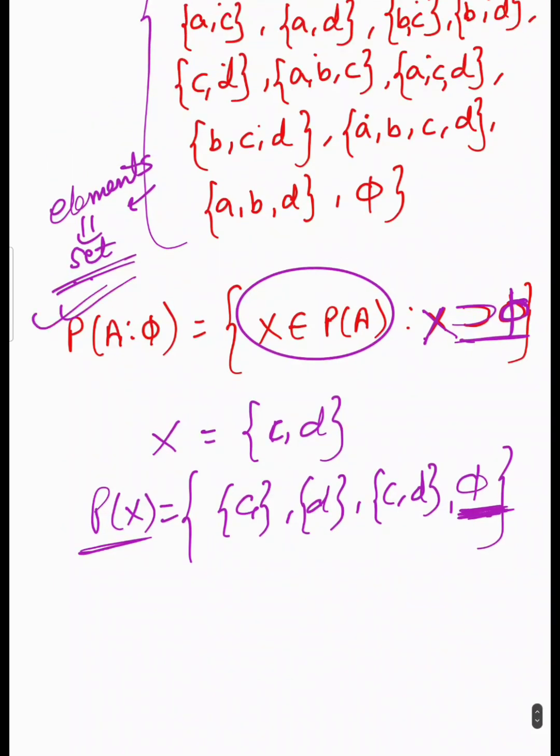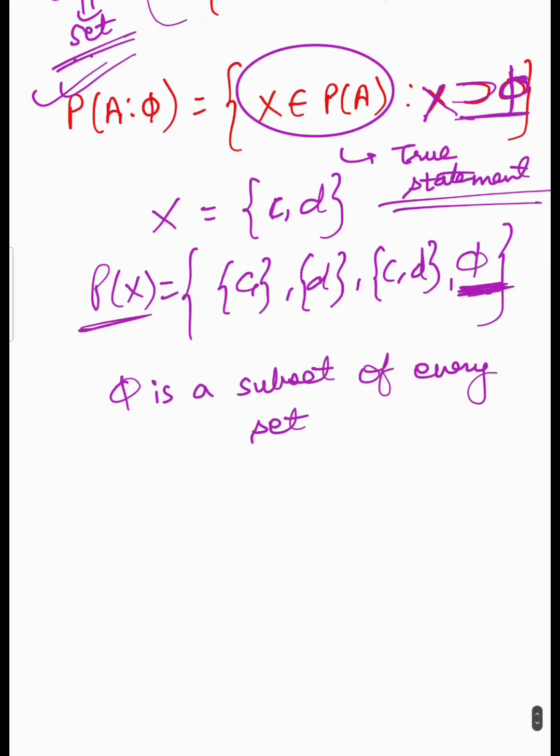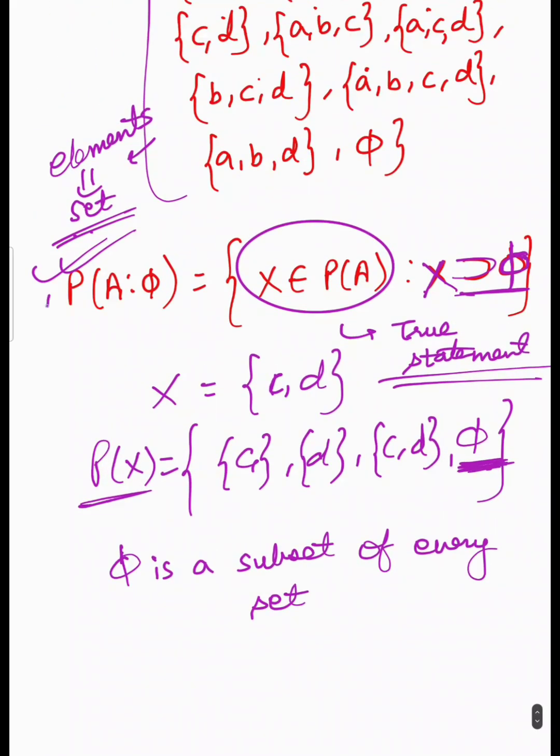So therefore this holds true. So this is a true statement. No problem regarding this, right? Phi is a subset of every set. I hope that part 1 is clear.